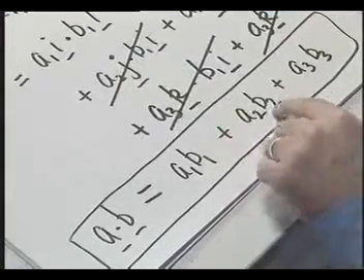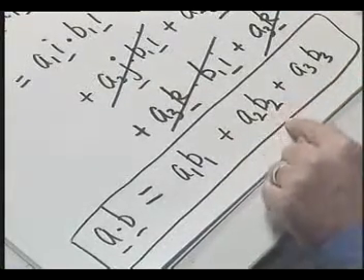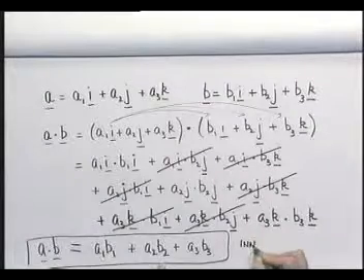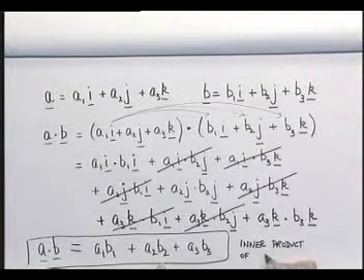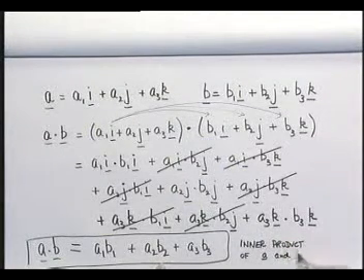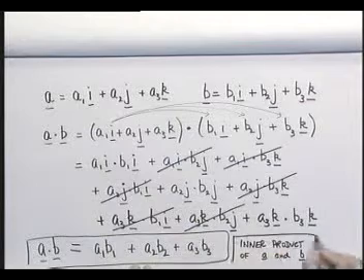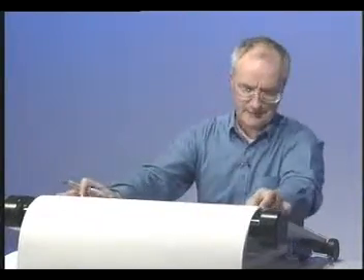I'll point out also that this expression on the right, which is the sum of the products of the corresponding components, is also sometimes referred to as the inner product of A and B. So on occasions, you may hear some staff or read in some textbooks that this is called the inner product of A and B. Okay, so we have a formula now for the dot product.